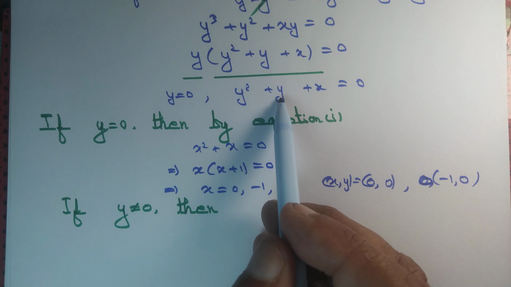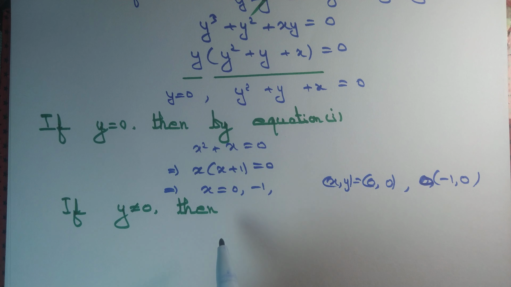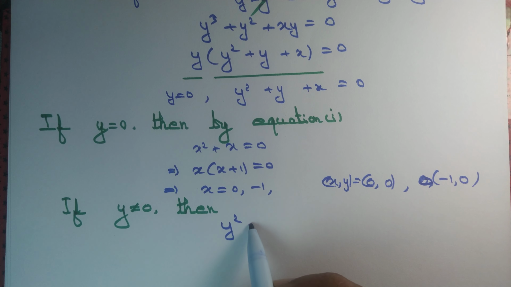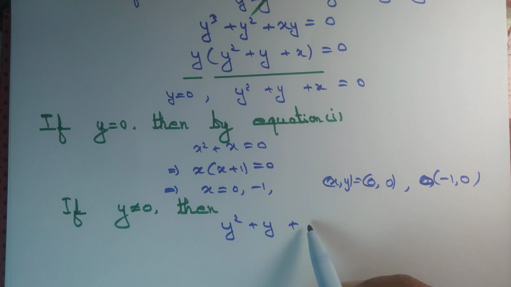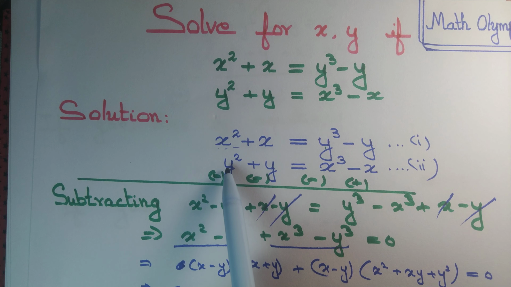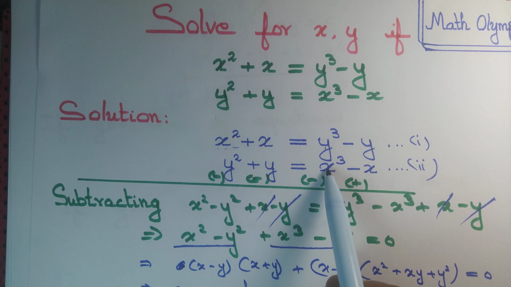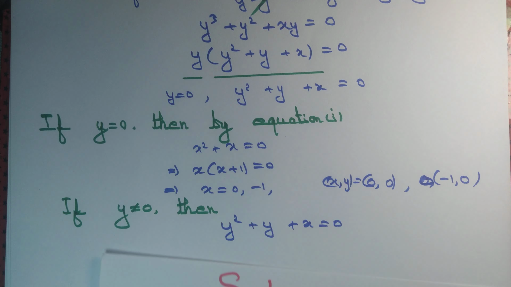Then y square plus y plus x equal to 0. But by equation 2, y square plus y equal to x cube minus x.